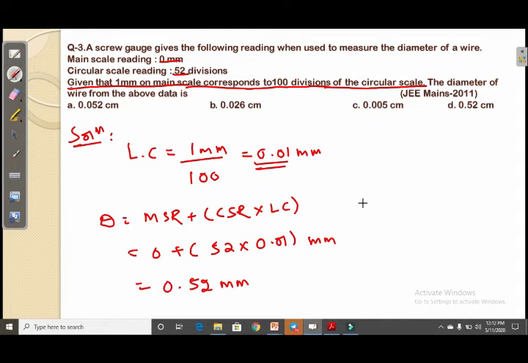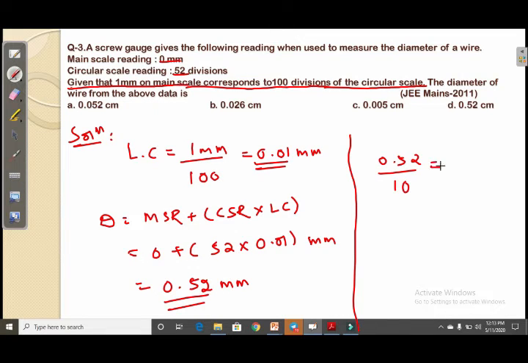The answer is in millimeter, but the options are given in terms of centimeter, so we will convert the millimeter into centimeter. The answer is 0.52 millimeter, so divided by 10.